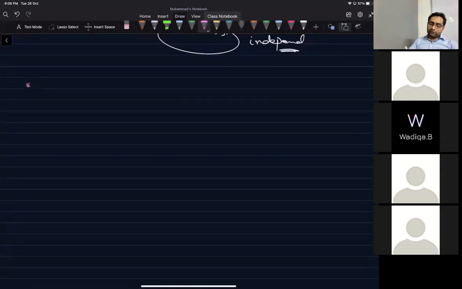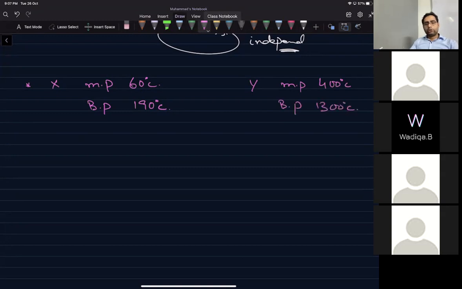Draw the heating curve for substance X. Its melting point is 60 degrees C and boiling point is 190 degrees C. Draw the heating curve and properly label it. Another substance has melting point 400 degrees C and boiling point 1300 degrees C. You don't need to follow a proper graph. Just show a sketch where temperatures are constant. The first time temperature is constant, it indicates melting point. The second time temperature is constant, that is boiling point.